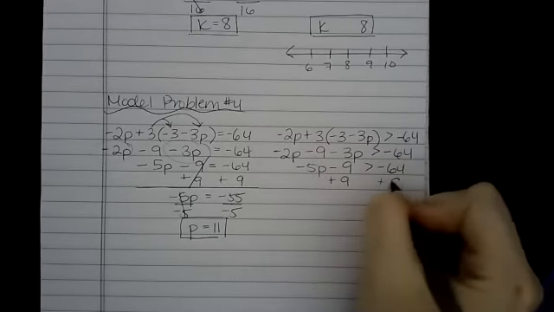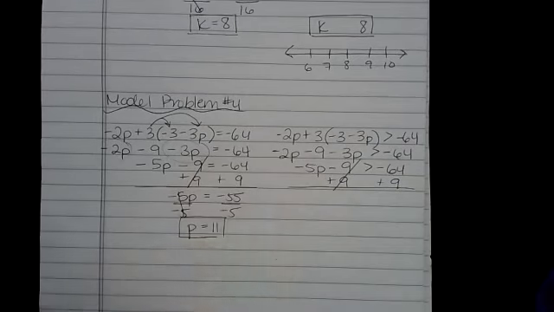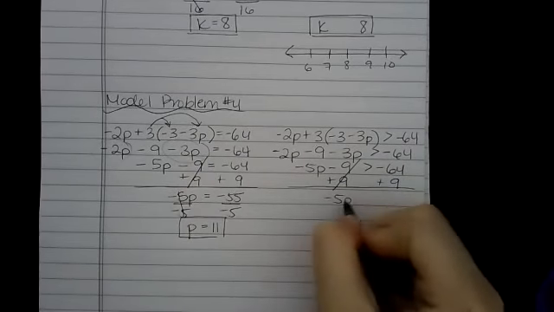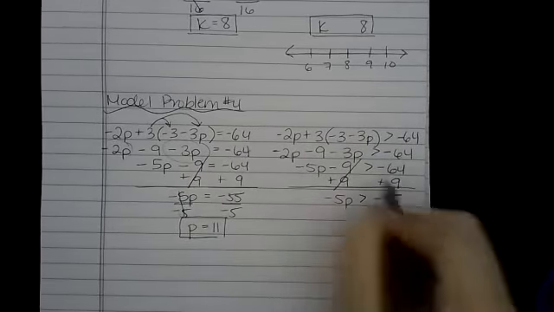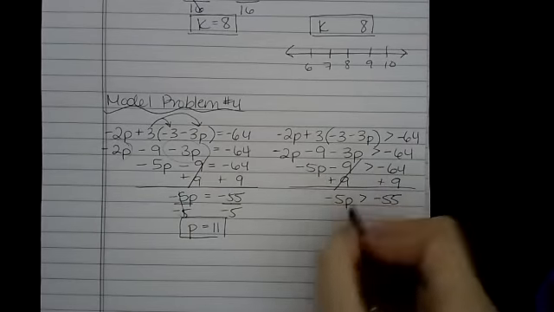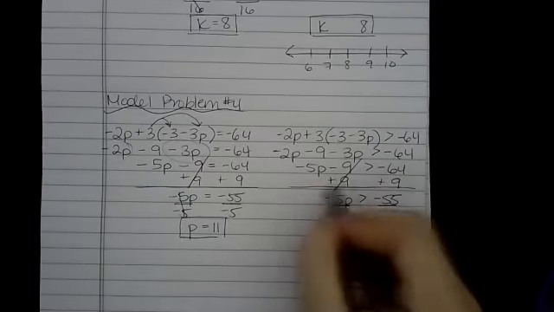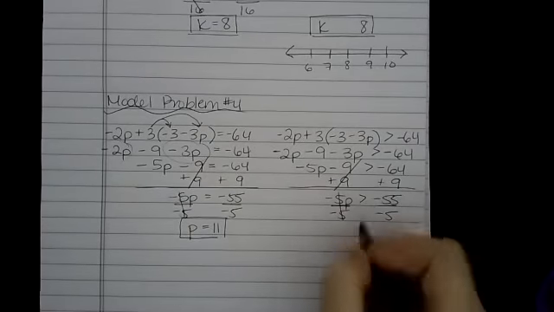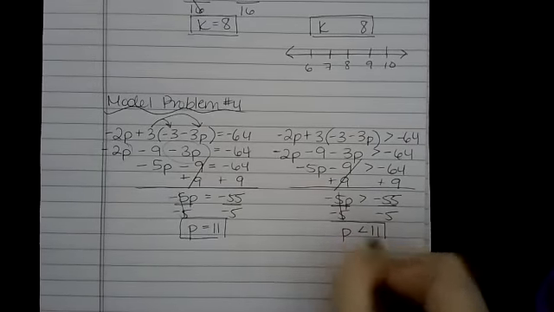Adding 9 to both sides. Just repeating the same thing that I did over here, okay? So I get negative 5p is greater than negative 55. Now, this is the part where the Regents is going to try to catch you. When you divide an inequality by a negative or multiply it, you flip the sign. So p is not greater than, but less than 11, okay?